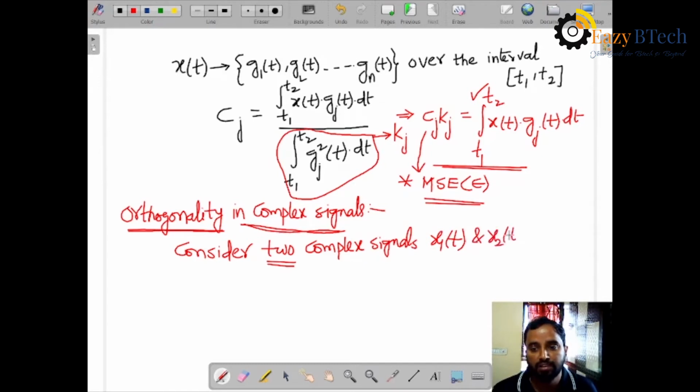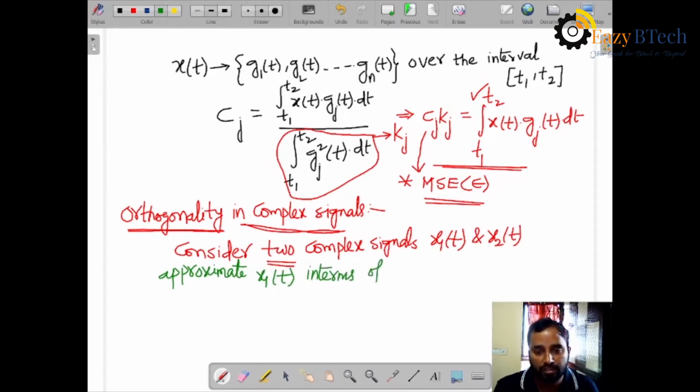Now the concept is to approximate x1 of t in terms of x2 of t with minimum error.